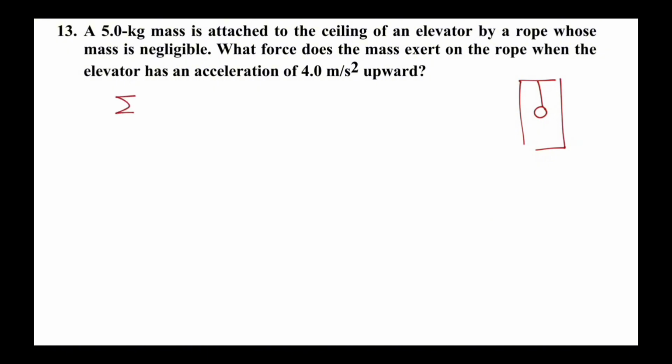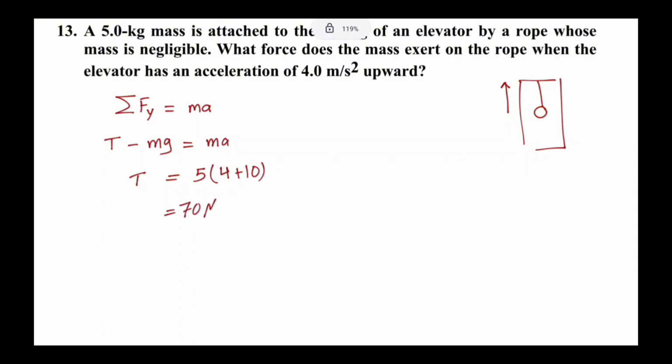So the sum of all forces on y equals ma, tension minus mg equals ma. Actually, we start with tension because the acceleration is upward. The one with the acceleration, you start with it. So tension minus mg equals ma, and tension in this case is equal to 5 times 4 plus 10, and in this case it's 70 newtons.